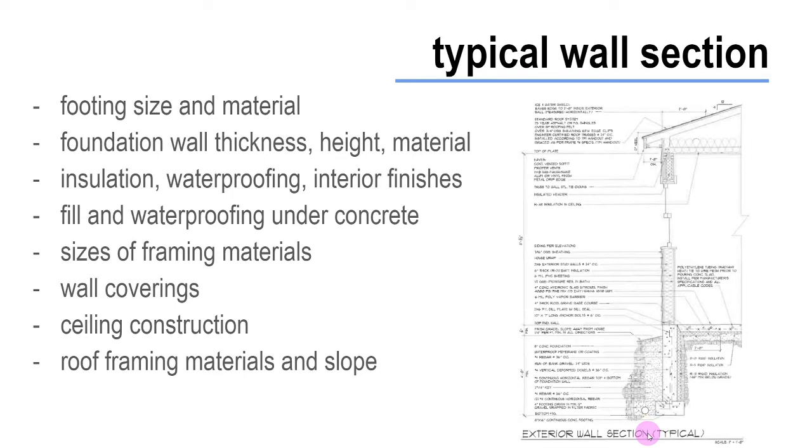So you'll see all of the different pieces of information about foundation wall thickness, the height of the foundation wall, the material used in that, as well as the material used in the framing, in the floor, in the wall, ceiling, everything. What material is covering the wall? How is the ceiling getting constructed? What is the roof framing material and slope looking like?